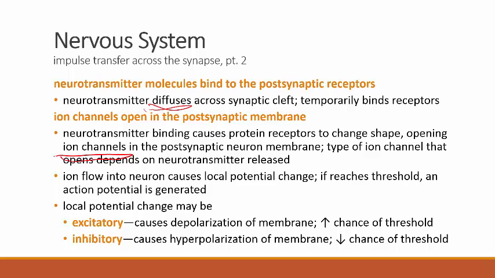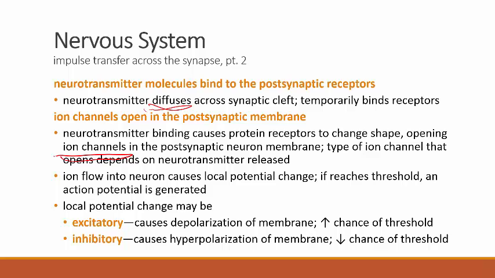And so ions then will flow into the postsynaptic neuron, across that postsynaptic neuron's membrane, and that generates a local potential change. And that local potential change will then spread across and down to the cell body of the waiting neuron.